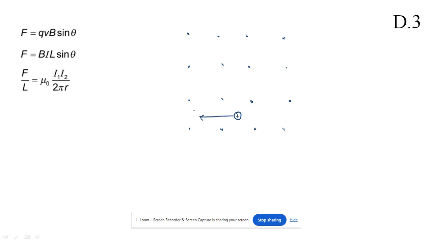If we do the right-hand rule, this is our velocity. Our index finger is this guy, our middle finger is this guy, and our thumb is this. So if I put my finger to the left, I put my middle finger out of the page. That's what those dots are for the magnetic field. Then the force on this particle is this way.